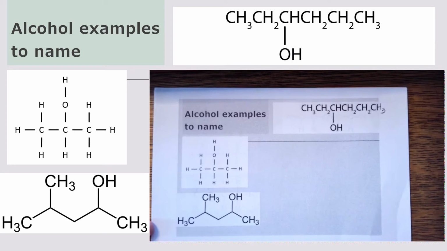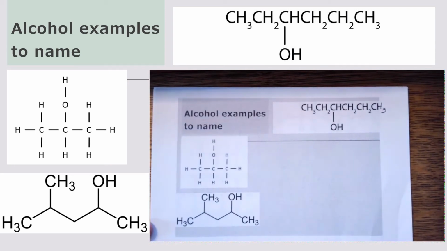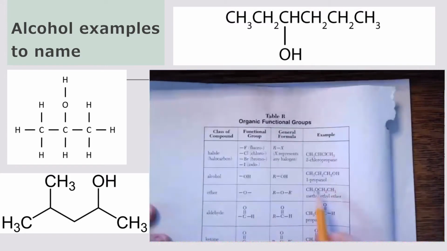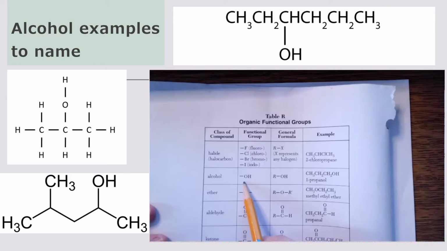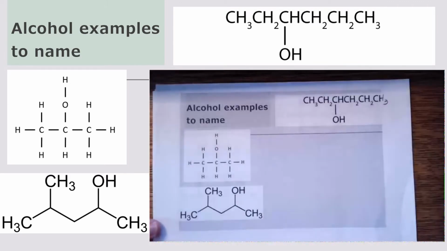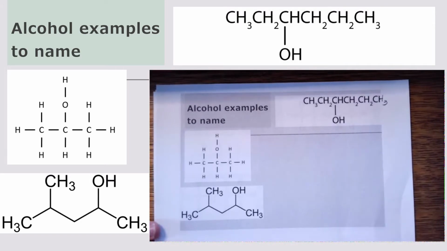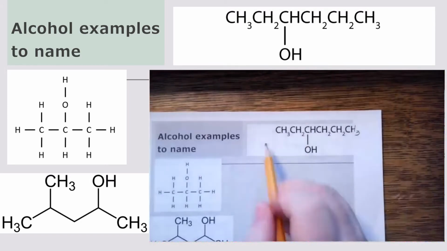All right, so to name an alcohol, let's look. To name an alcohol, we need an address. The alcohol functional group is an OH. Okay, so let's look. Always, we have to find our carbon-carbon chain. So let's just start with this one at the top.